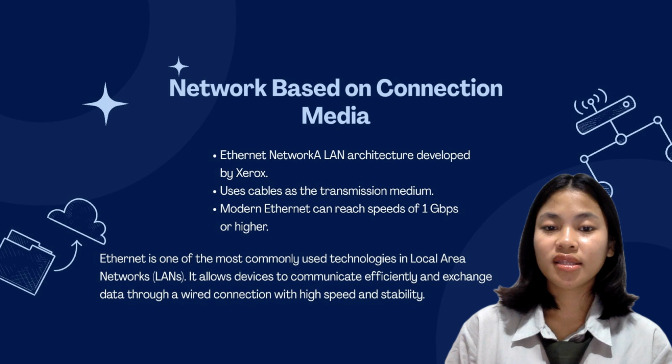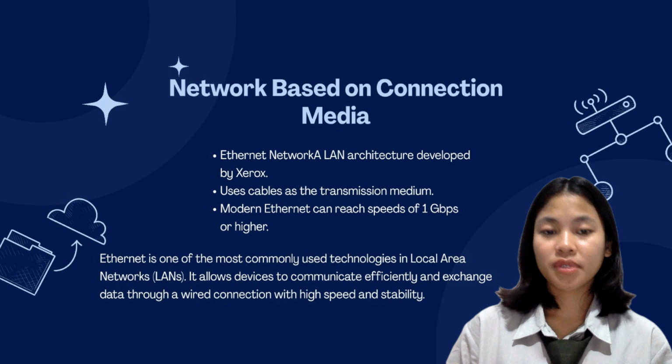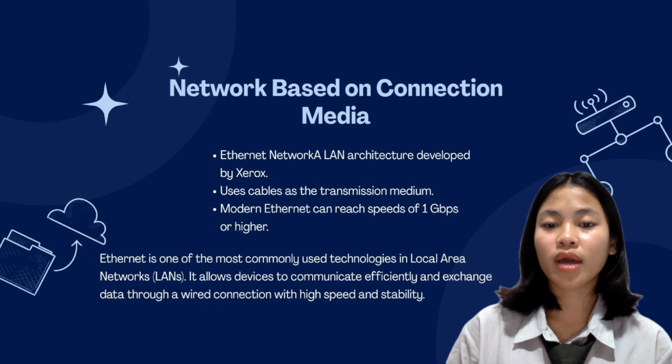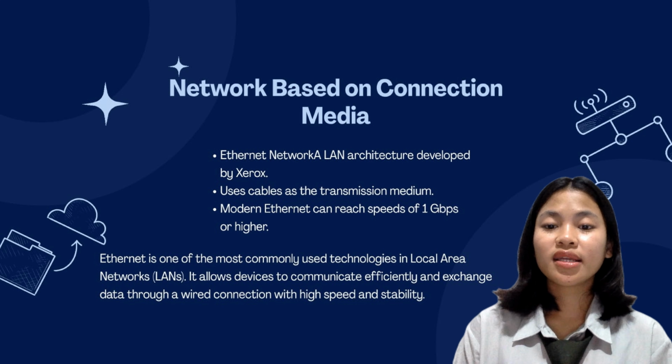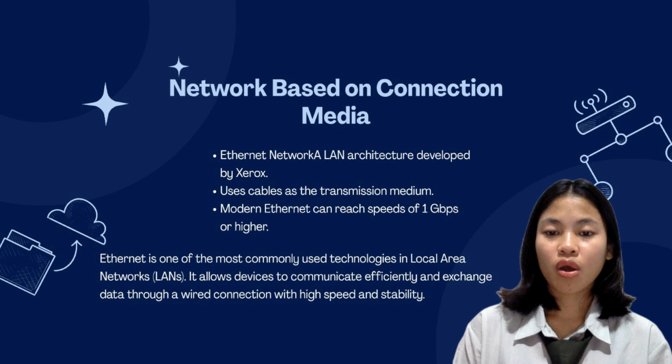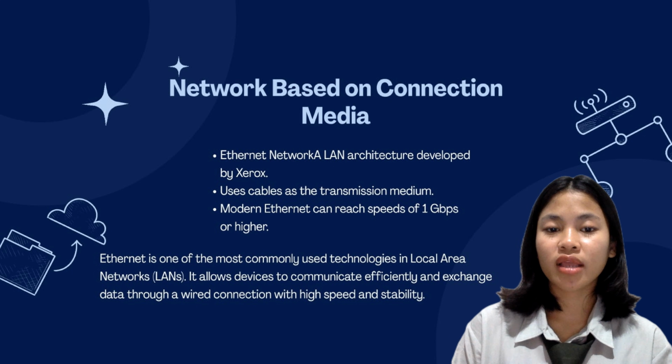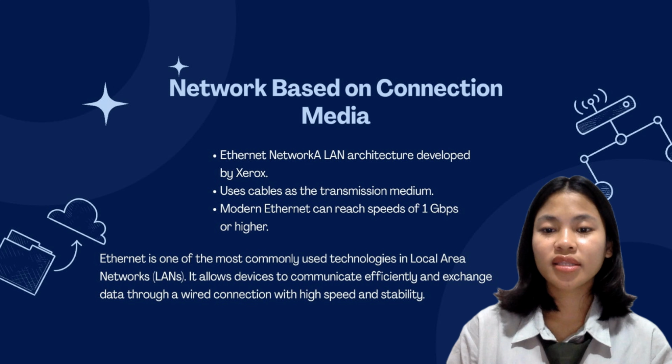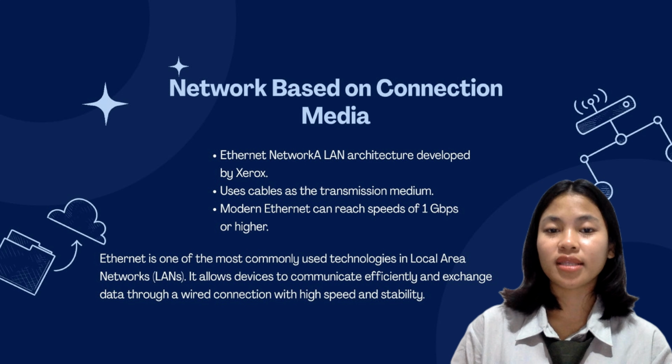Modern Ethernet can reach speeds of 1 Gbps or higher. Ethernet is one of the most commonly used technologies in local area networks or LANs. It allows devices to communicate and exchange data through a wired connection with high speed and stability.